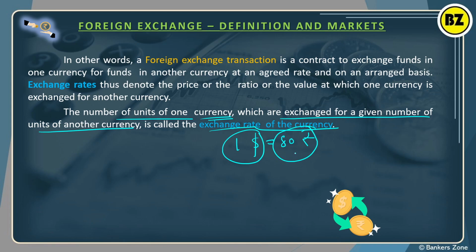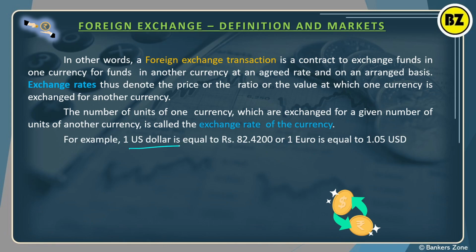This is the exchange rate of the currency. Again, $1 is equal to 82.4 Indian rupees, or 1 euro is equal to 1.05 dollars. So this is all about the exchange rate.